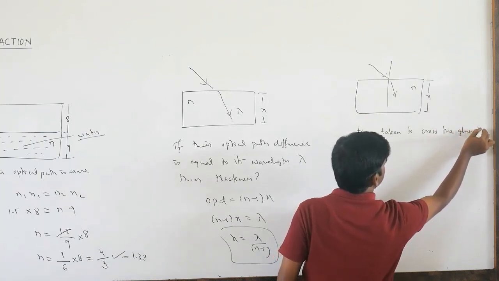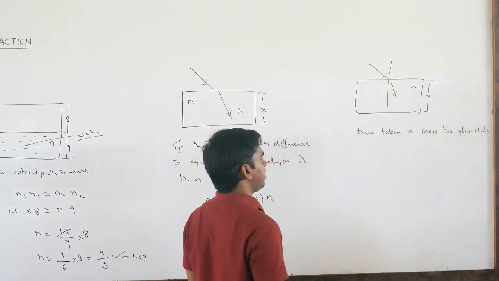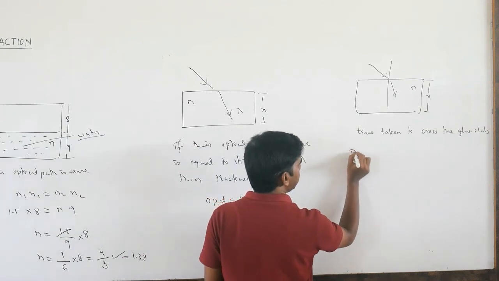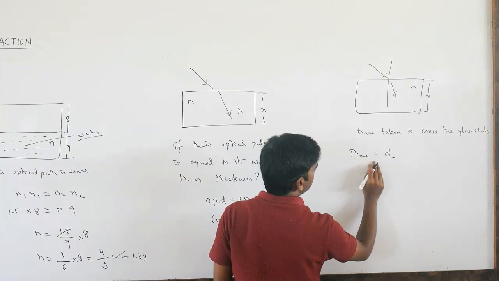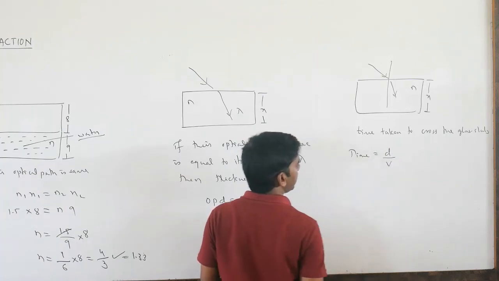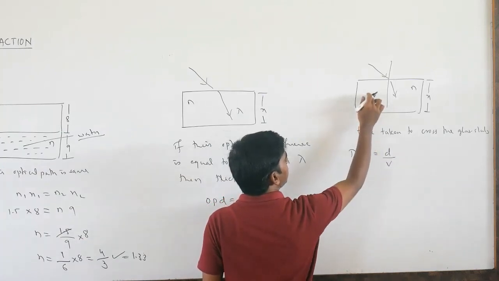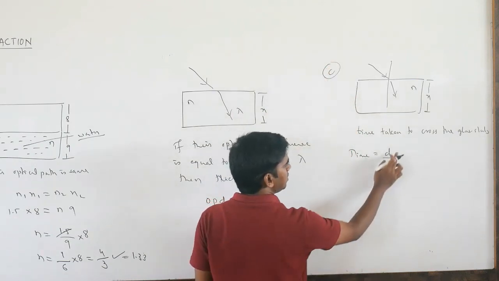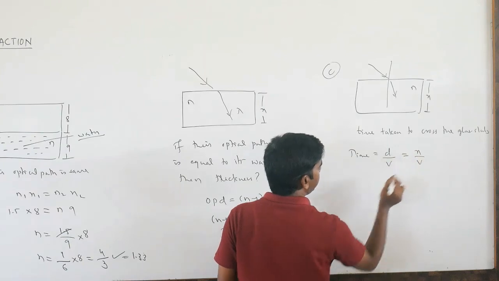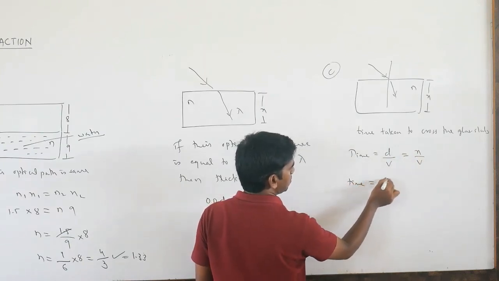So how can we calculate? Time equals distance divided by velocity of light. The velocity in the medium is not given, so distance is x divided by v.